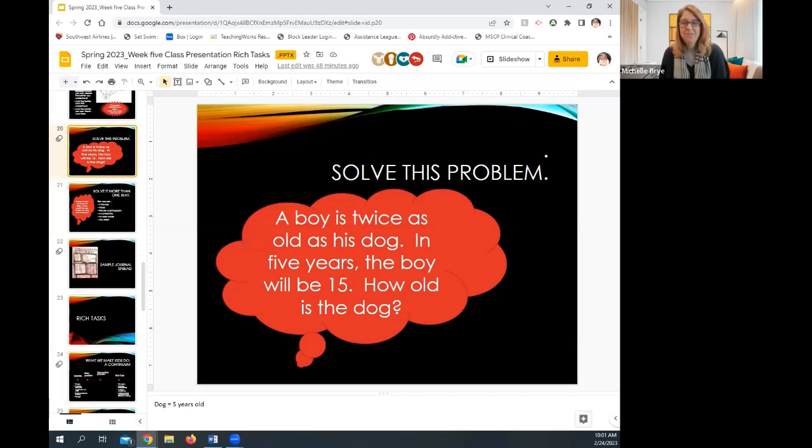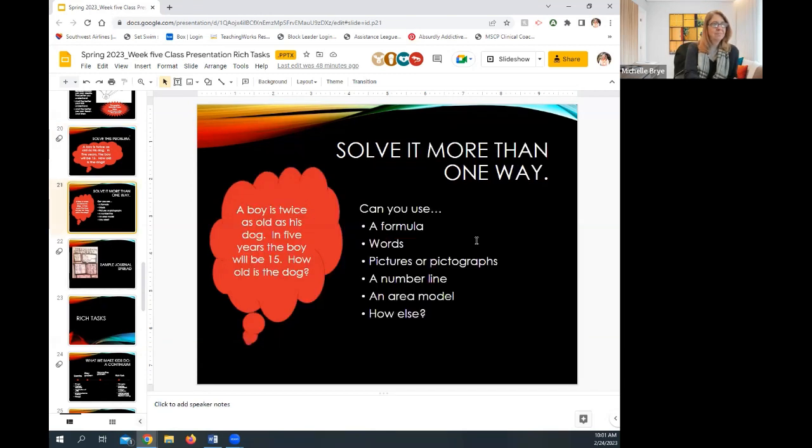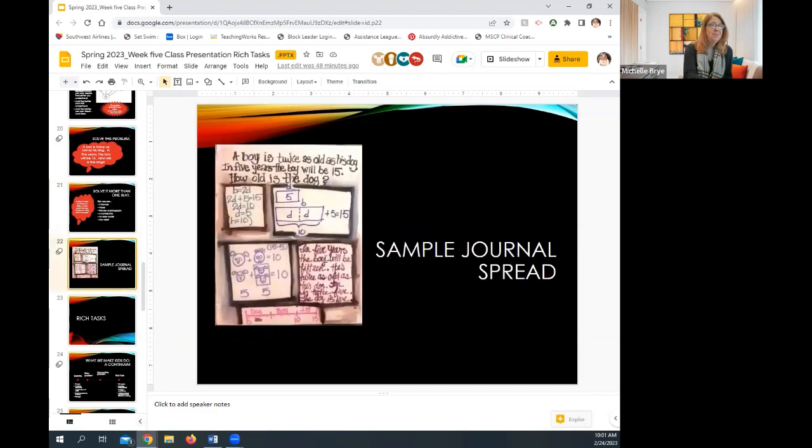Did anyone else want to share what they came up with? So basically, we know we can use multiple ways, right? Formulas, words, pictures, maybe a number line. How could you use an area model? How else? So I'm going to show you a sample journal spread here. A boy is twice as old as his dog.